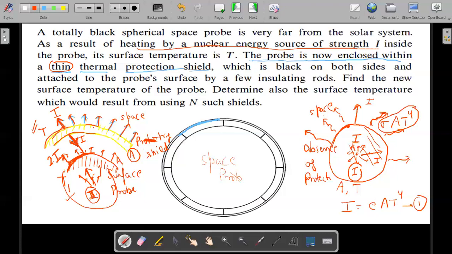And that means by enclosing the probe inside the protecting shield, the amount of radiation from its surface is doubled. Earlier it was I and now it is 2I. The amount of radiation from the surface is doubled.